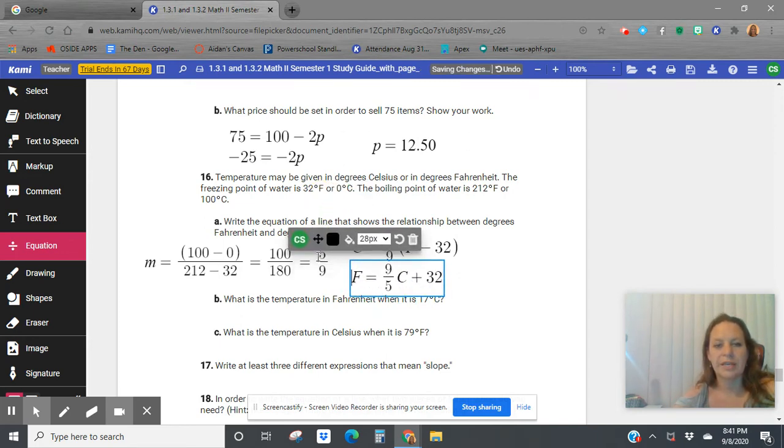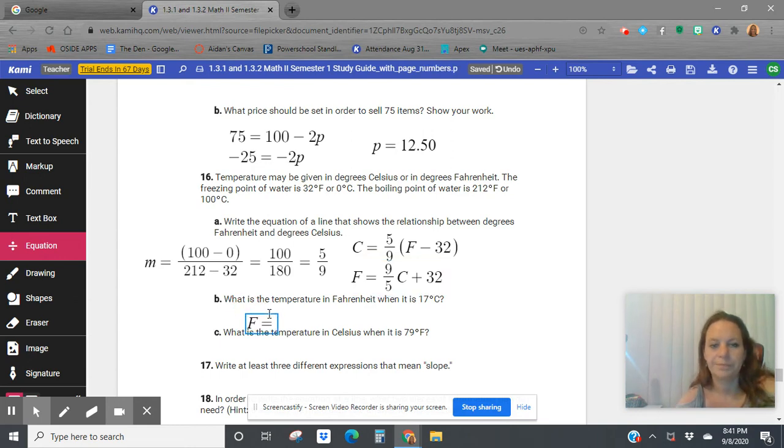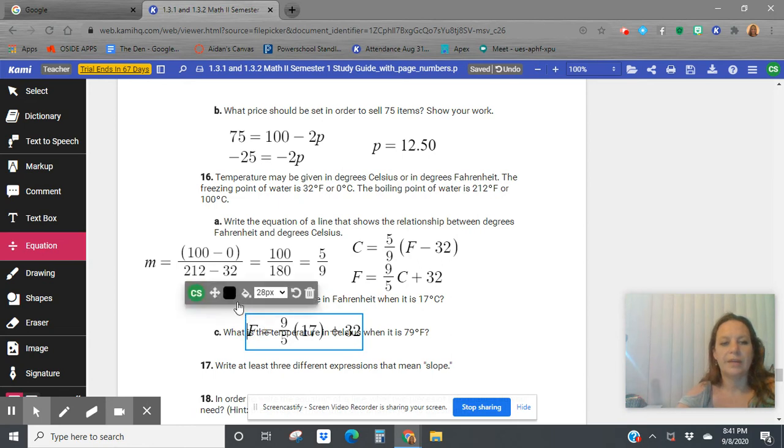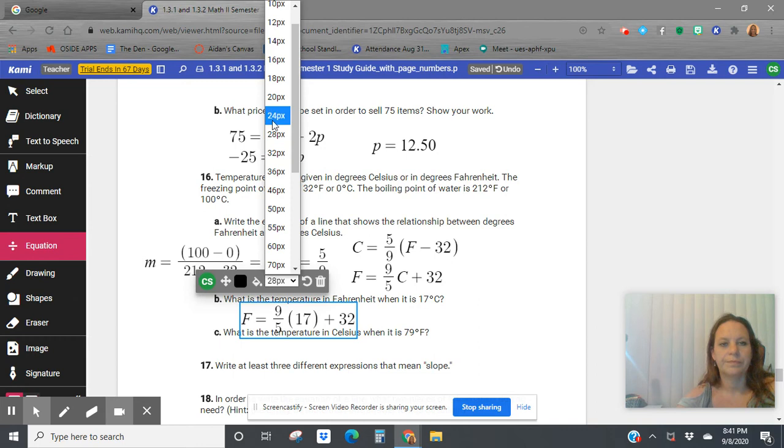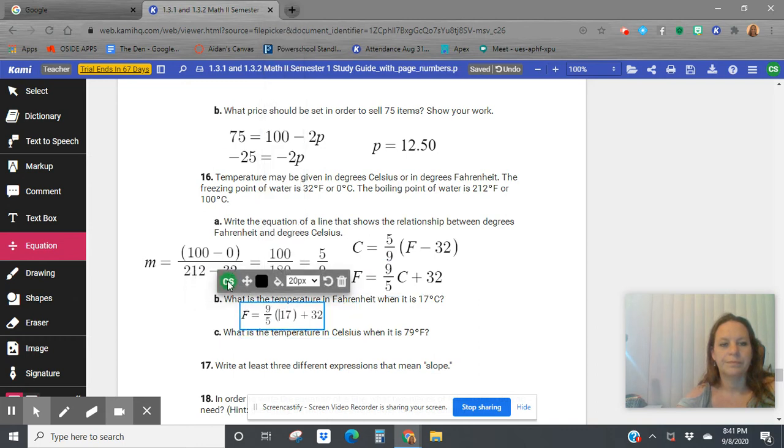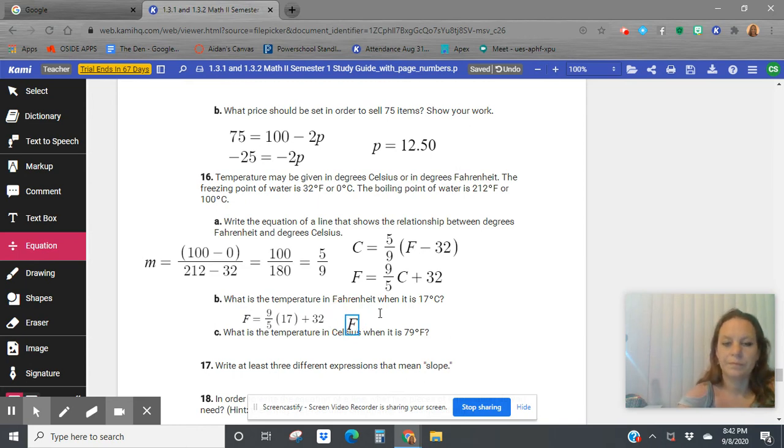Since this question is asking for Fahrenheit, we're going to plug into this one: 9/5 times the 17 plus 32. If you do that in a calculator, you get that Fahrenheit equals 62.6.